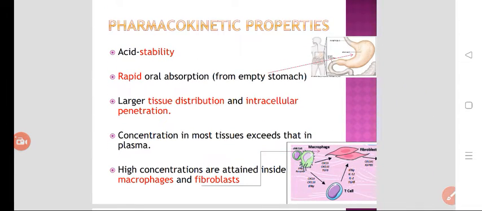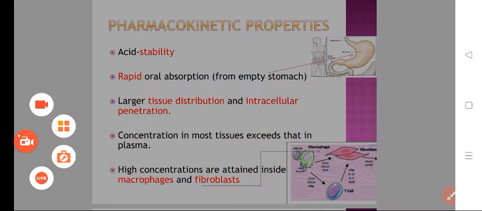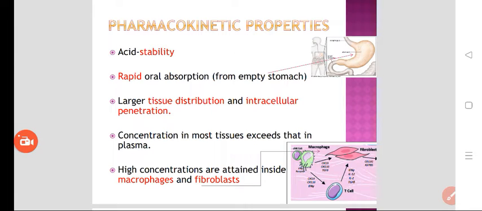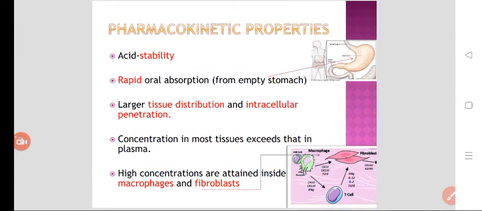Now, as I told you in the advantages, it has a better pharmacokinetic profile. It is an acid stable macrolide antibiotic, with rapid oral absorption when given on an empty stomach.